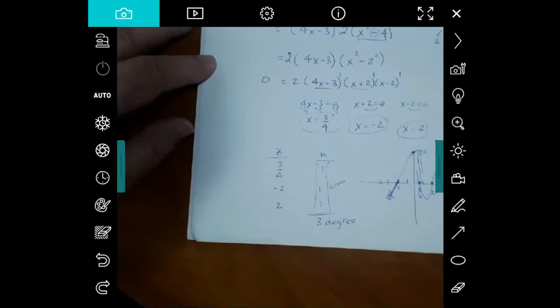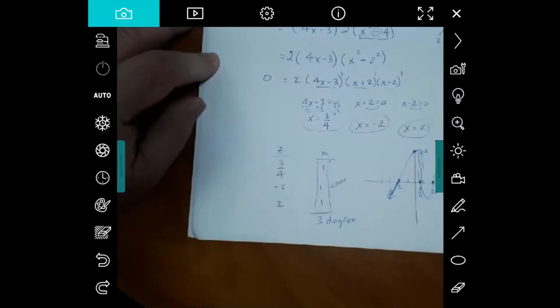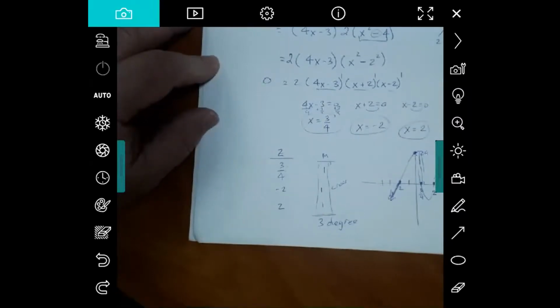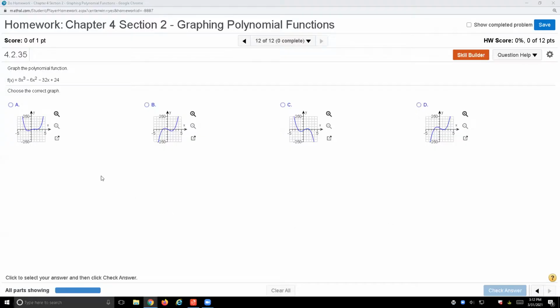So which graph is this? Which ones can it not be? Can't be A because, since it's a third order equation and the leading term is positive, both ends have to point different directions.